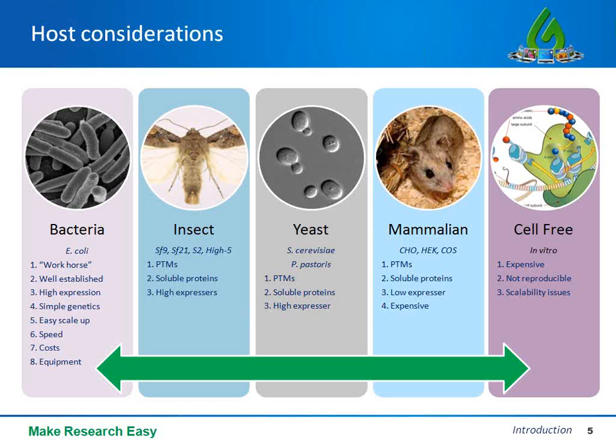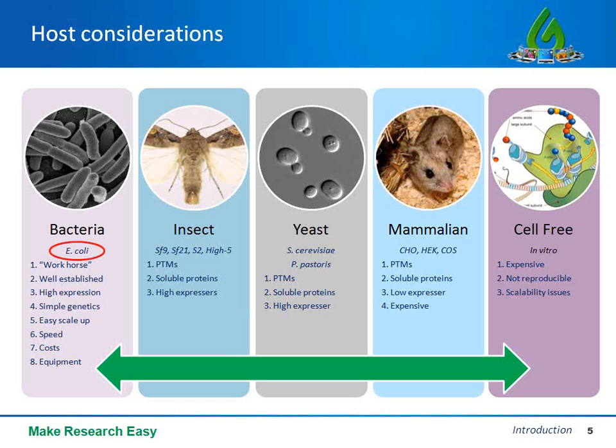So while there are various factors that go into that decision making process, the nature of the target protein, its solubility properties, its functionality downstream, the yield requirements that you desire, user experience, and the speed of generation.